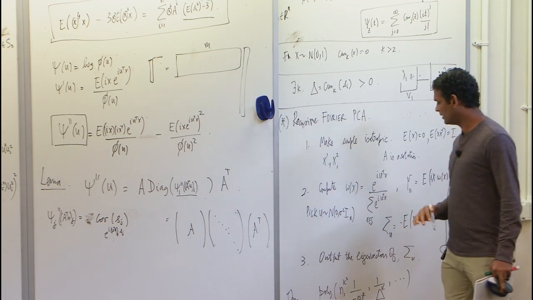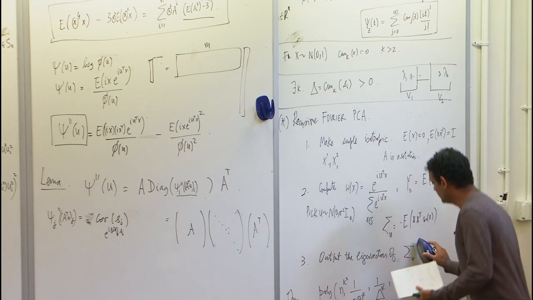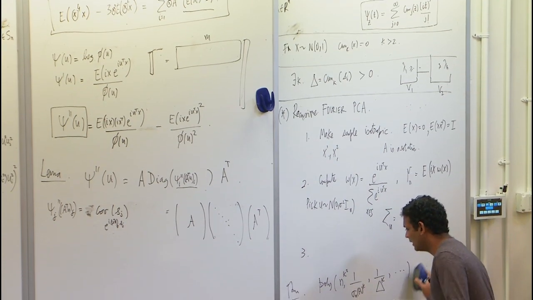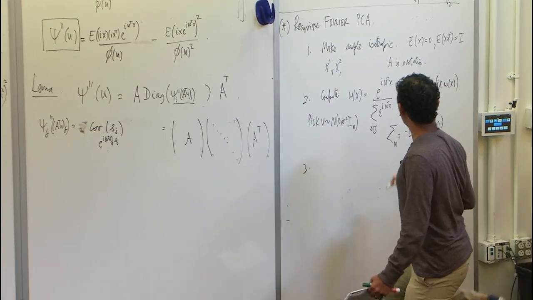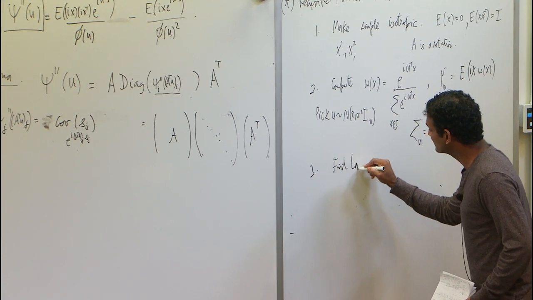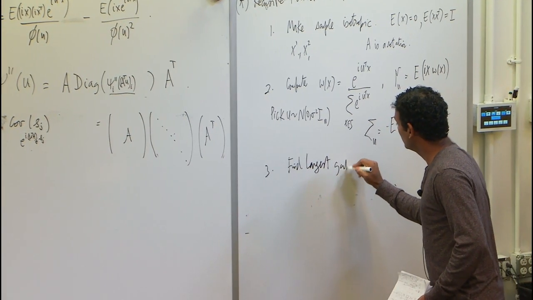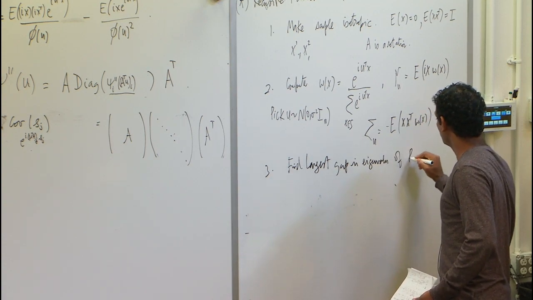So you're going to do this part. And then, instead of outputting the eigenvectors, we only look at the real part of sigma, find the largest gap in eigenvalues of the real part of sigma.